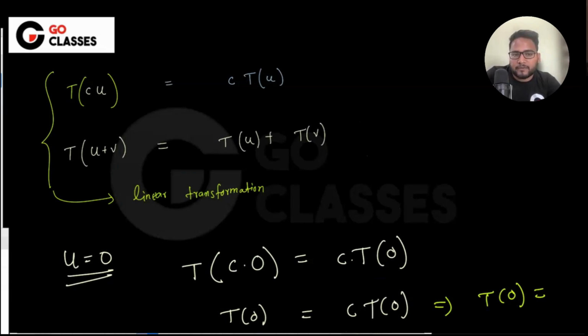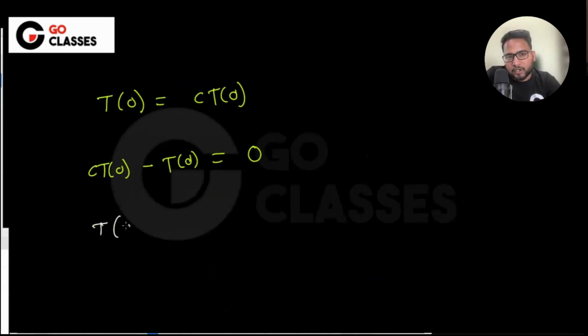See, what I'm telling you is that T of zero equals c times T of zero, isn't it? You can take c times T of zero minus T of zero, I mean, you can take this T of zero on the left or right, and then you will get T of zero times (c minus 1) equals 0.